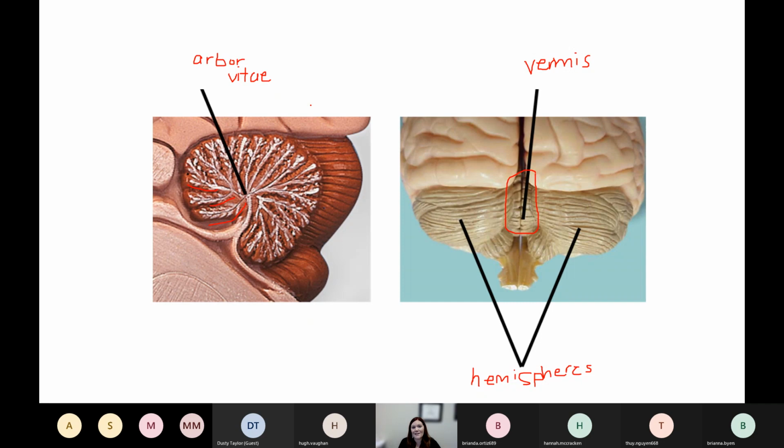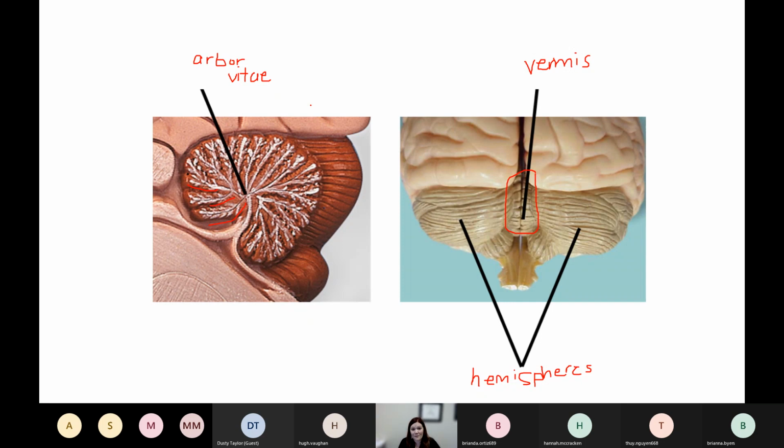White matter has a lot of myelin, which means it has those parts of the neuron called the axon, where I send information away. Gray matter doesn't have as much myelin, which is why it looks gray. That's going to have things like cell bodies of our neurons, so it's really good at processing. So the arbor vitae is the white matter that we see inside the cerebellum.